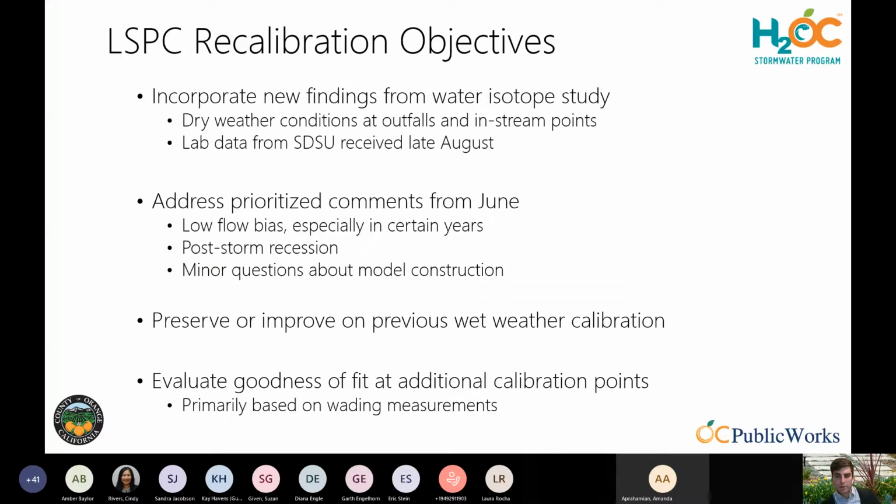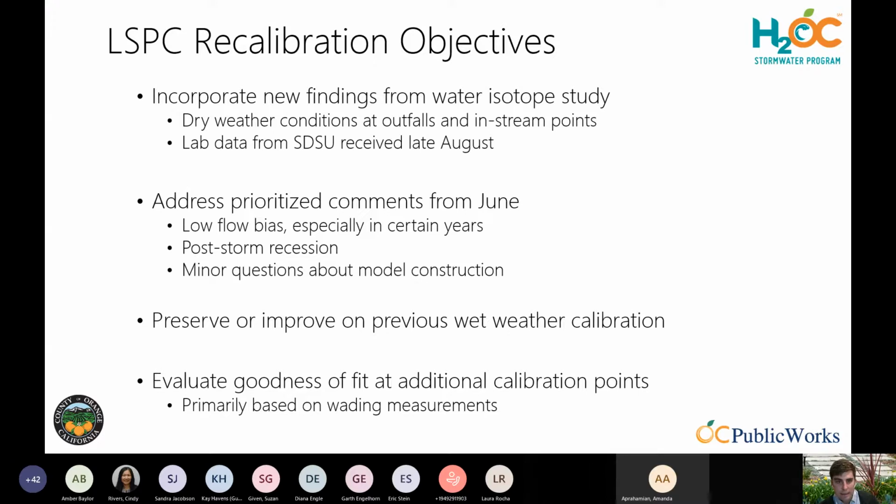So now moving into what are we doing now? What are we presenting today? We're presenting the recalibration of the Lspc model. And I mentioned this already, that we've obtained isotope data from both outfalls and in-stream points. And we got those data back from San Diego State back in late August.